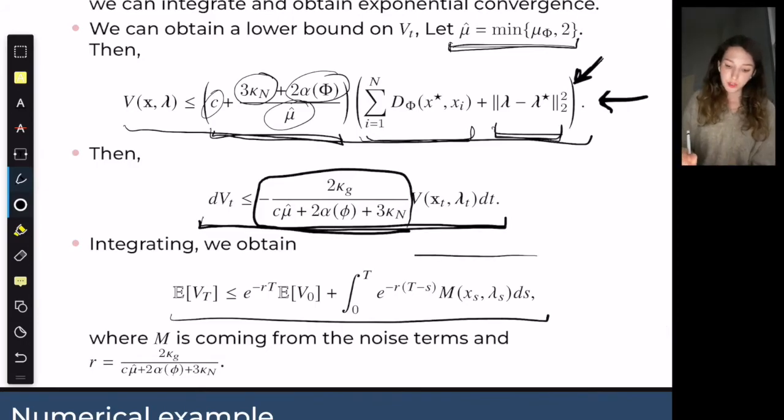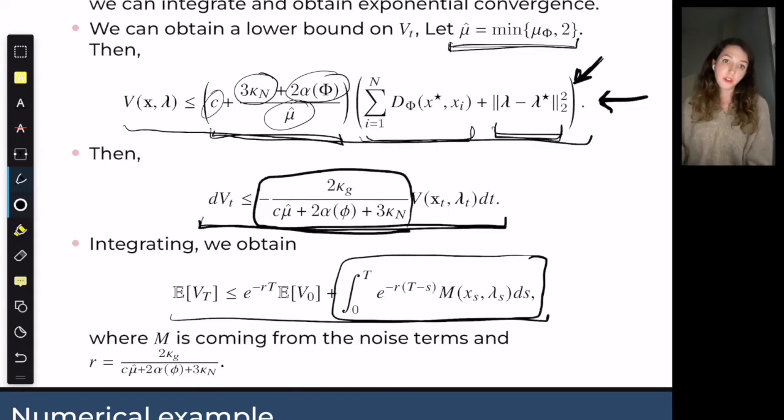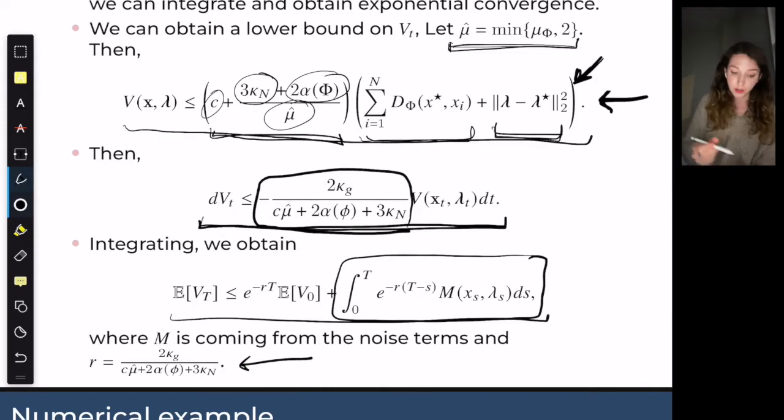And here I have this M term, which comes from the noise terms, which we didn't use in the proof, but which are there if you want to do the full convergence. But essentially we obtain exponential convergence, and the exponential convergence rate is governed by this R here, which depends on a few things. It depends on the properties of our mirror map through this phi star.